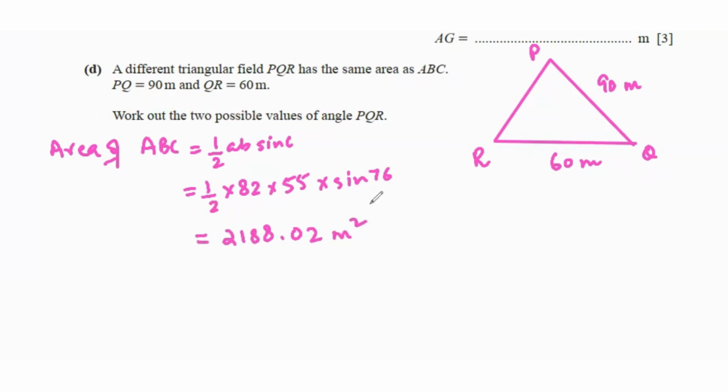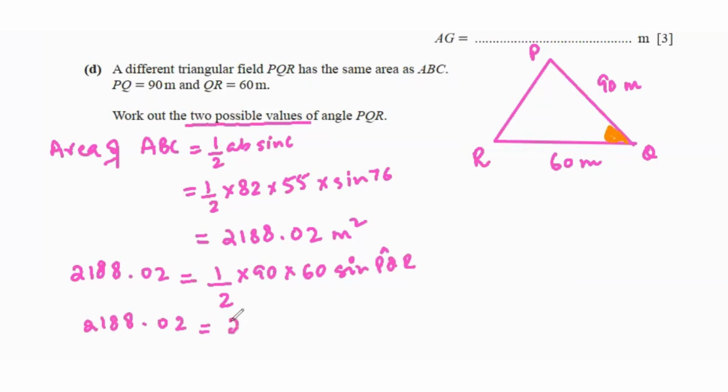So now they said that the area of PQR and this are equal. So that means this is going to equal 1/2 times 90 times 60 times sine of PQR, because we're trying to find angle PQR now. 90 times 60 divided by 2 is going to be 2700 times sine of angle PQR.